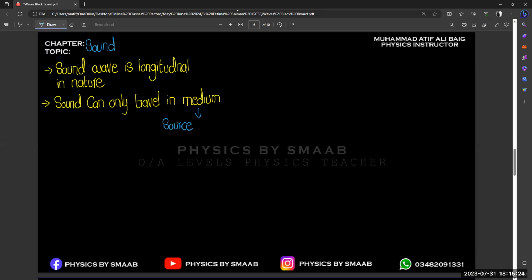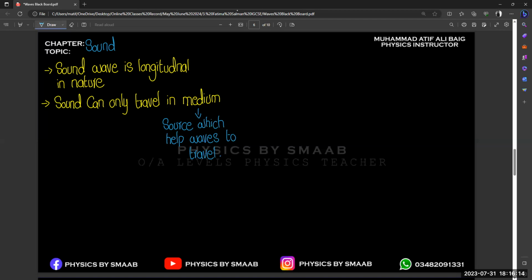So air molecules help sound waves to travel from one point to another. Basically, medium means a source which helps to travel. So this is the concept of medium. Normally in our atmosphere, there are unlimited air molecules, and those molecules help sound waves to travel from one point to another. So that is called medium.